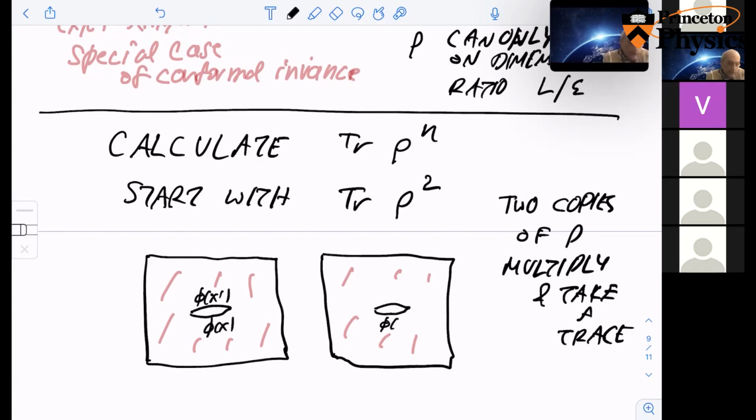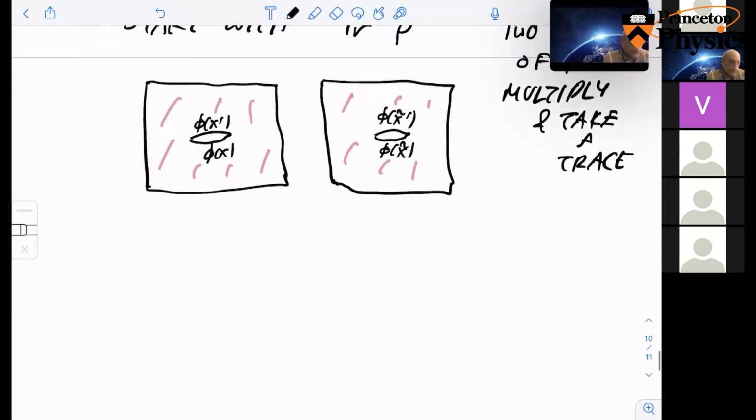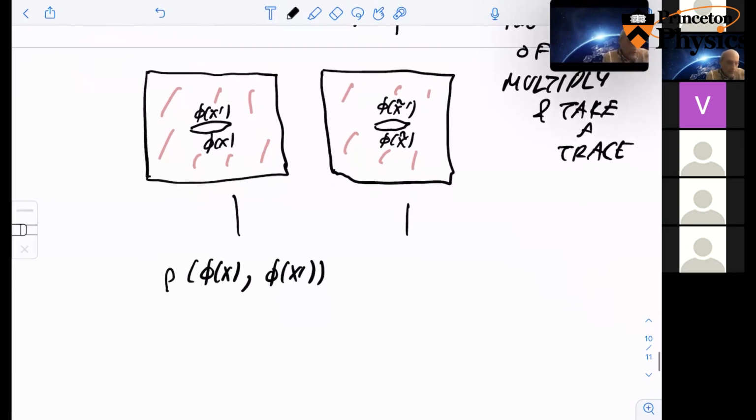But for a second one, we'll call them phi_x tilde and phi_x tilde prime. So now the path integral gives us rho of phi_x prime. That's this one. And the other one gives us rho of phi_x tilde prime.